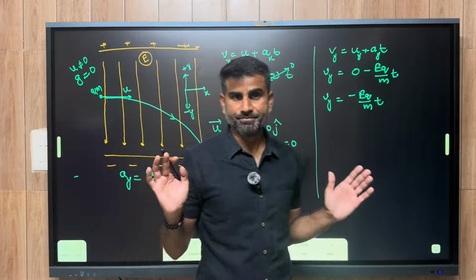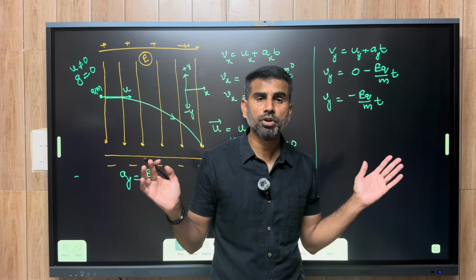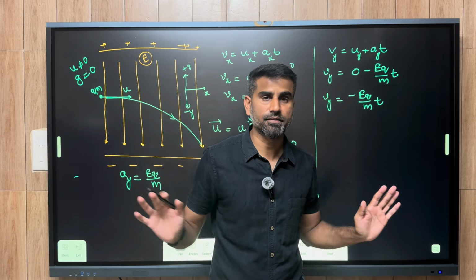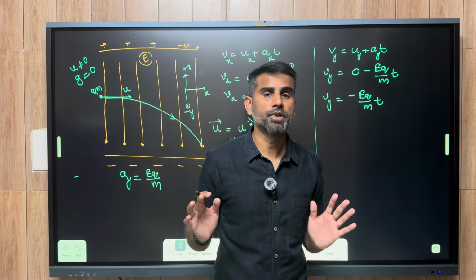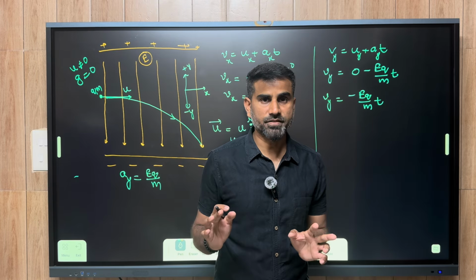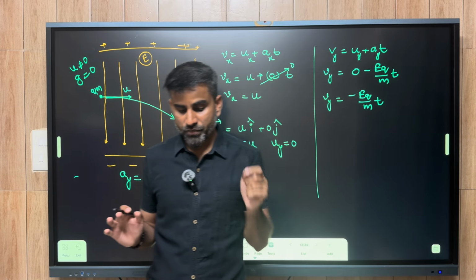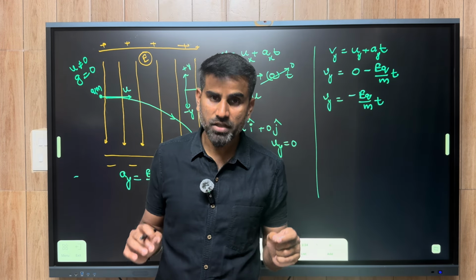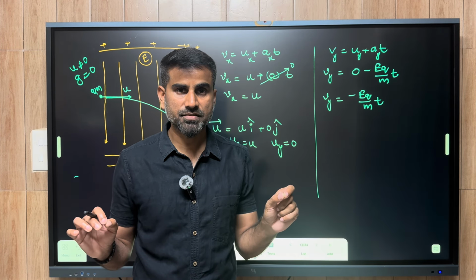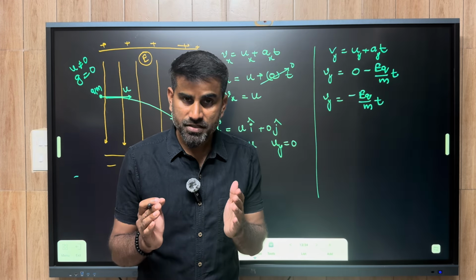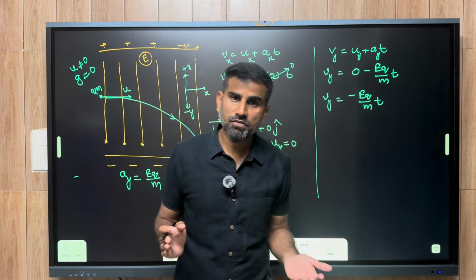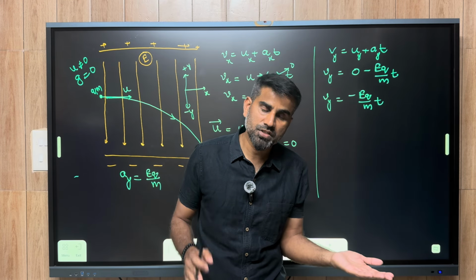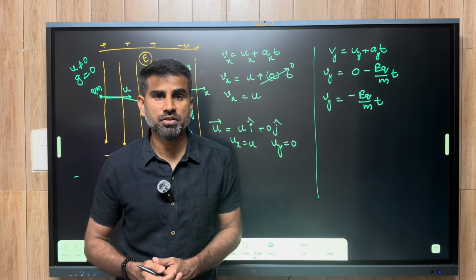There may be multiple different cases, but the strategy that we are using is simple. It is a two-step strategy. First thing is, we have to draw the diagram. We have to identify the accelerations and initial velocities: the x component of acceleration, y component of acceleration, and the x and y components of initial velocity.